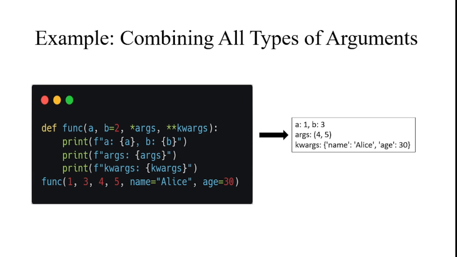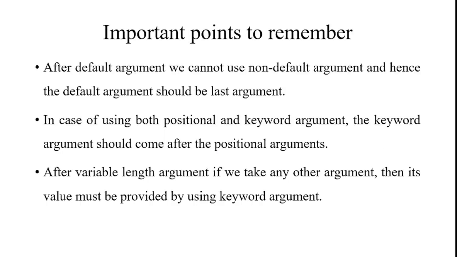So args will be equal to 4, 5. And the last two are keyword variable arguments, so name and Alice: name will be printed as name colon Alice, age colon 30, because they both will be taken as a dictionary, so the key value pairs will be printed.